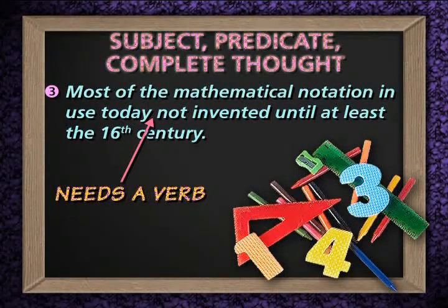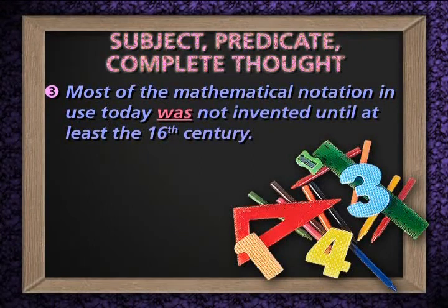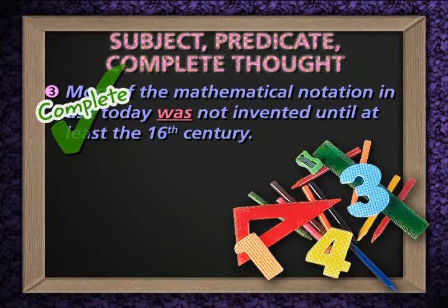I need some verb. I think I'll use a form of to be. I'll use was. Most of the mathematical notation in use today was not invented until at least the 16th century. Now my sentence is complete.